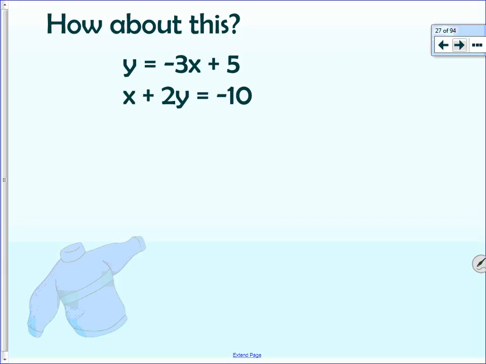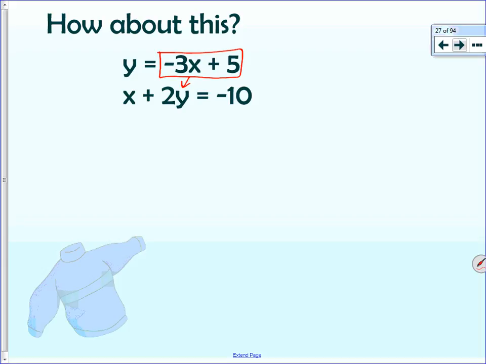You'll notice in the first equation that y is solved for. Solved for means y is all by itself on one side of the equation. So I know what y equals. Y equals negative 3x plus 5. So I'm going to take y and substitute it into the other equation.